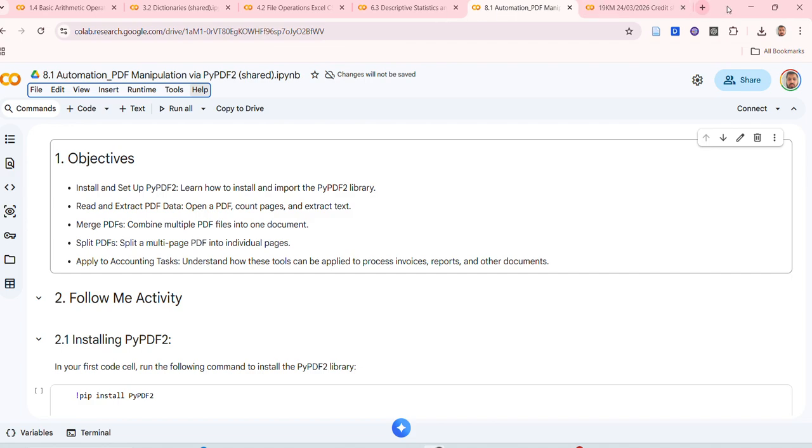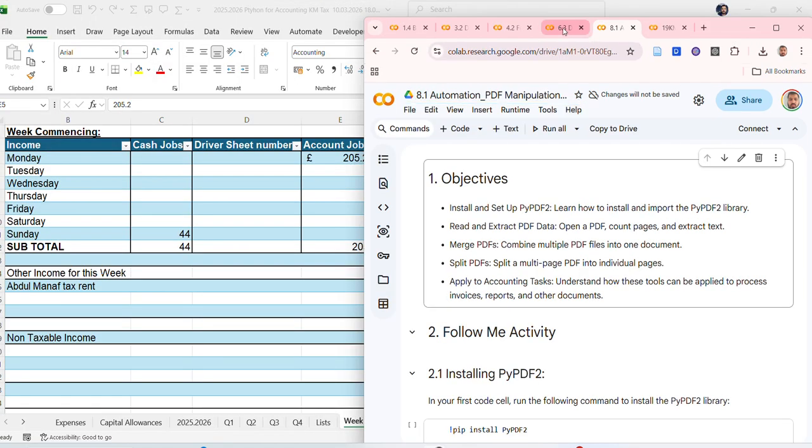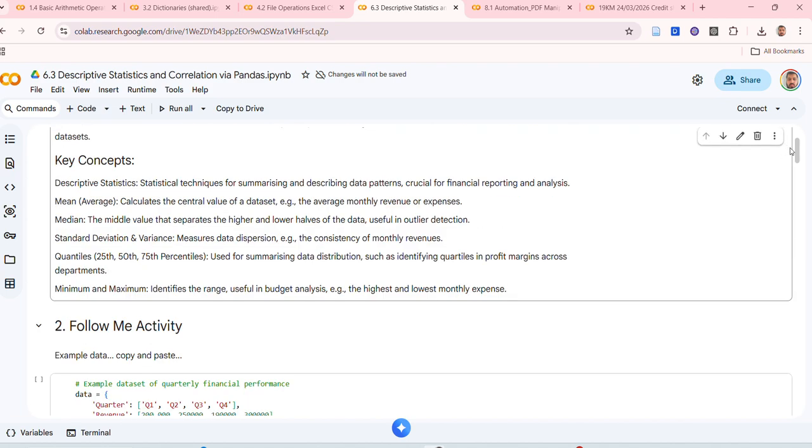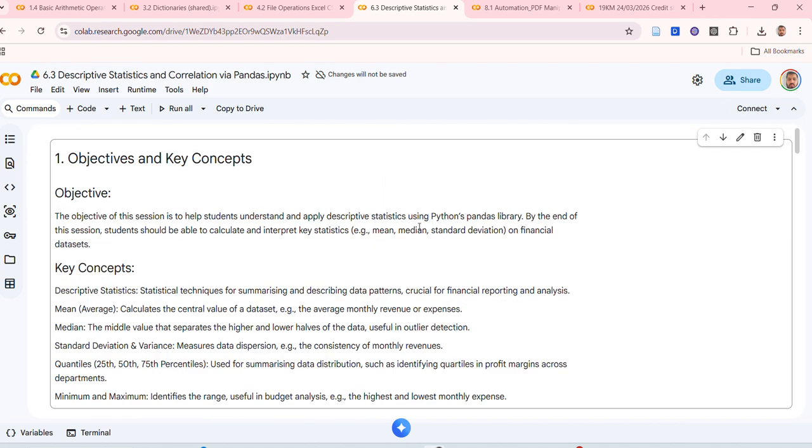And I'm also going to be showing you not just that, but I'm going to be analyzing the statistics: mean, median, standard deviation, and here are the codes for it.